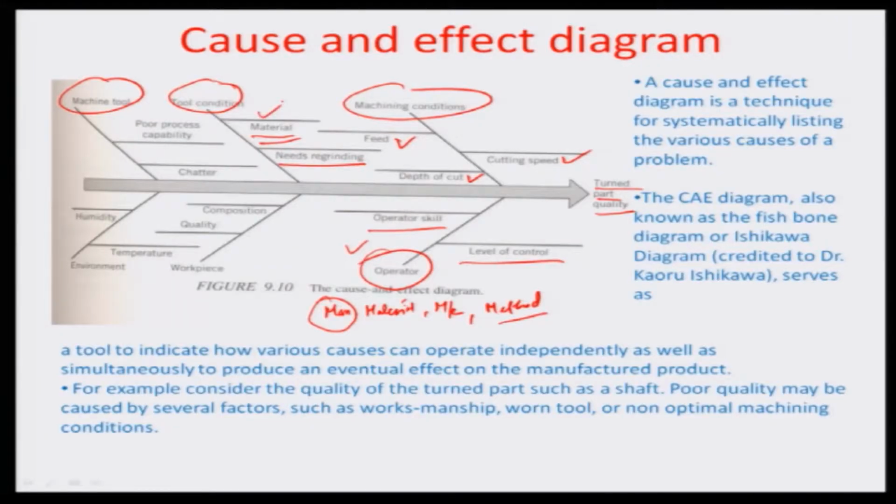And then obviously this is the method side, which may include a lot of systems or aspects. For example, is there a machine chatter, okay, in the overall method, which is creating, for example, a wobbling of the turned part, which may result in some kind of poor surface finish.